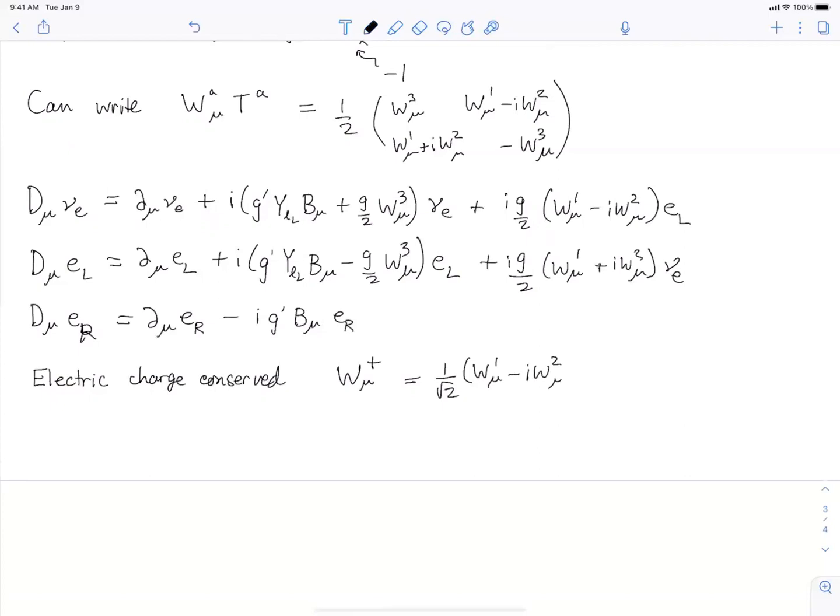It doesn't matter for this argument, but this has charge +1. And W mu minus, which is the orthogonal linear combination, the combination appearing here, must have charge Q equals -1.